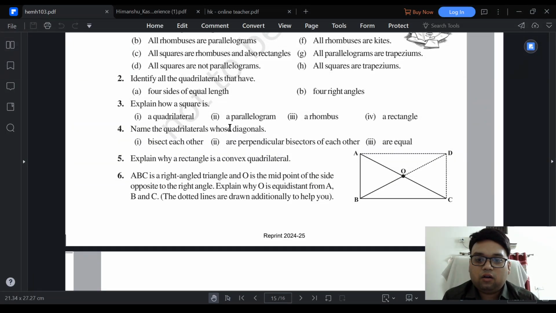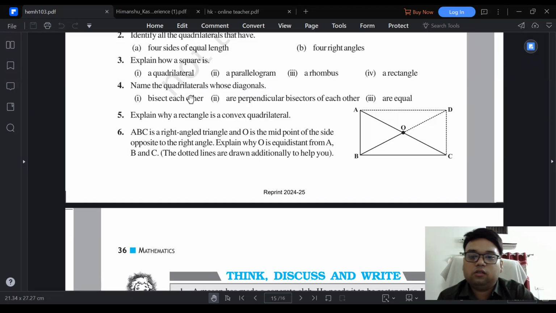Name the quadrilateral whose diagonals bisect each other, are perpendicular bisectors of each other and are equal. Name the quadrilateral whose diagonals bisect each other.